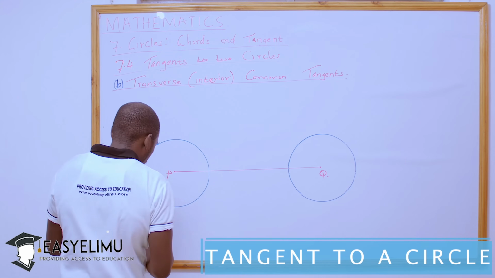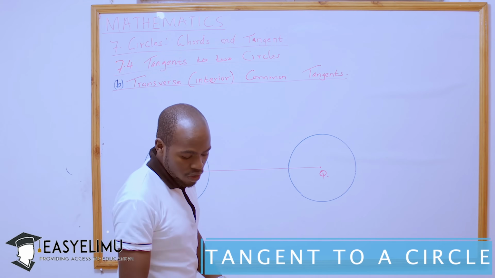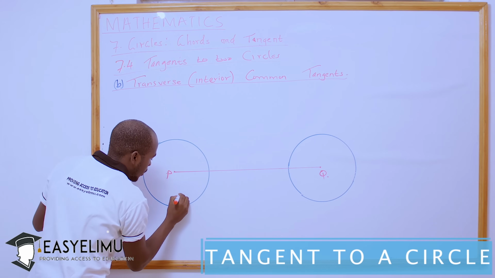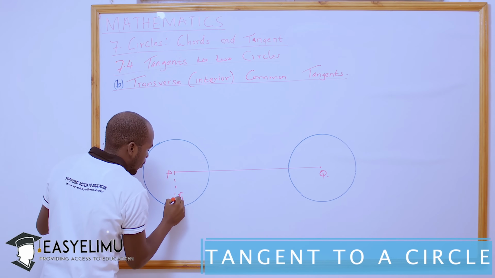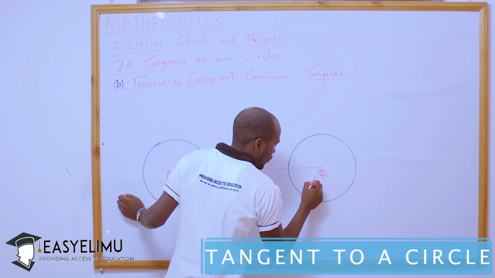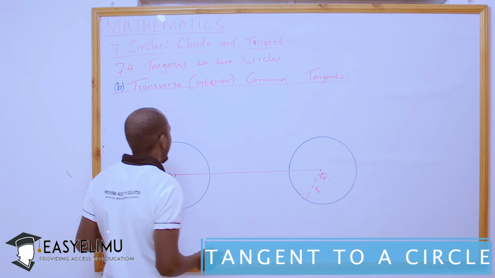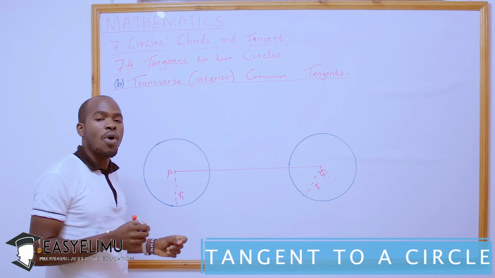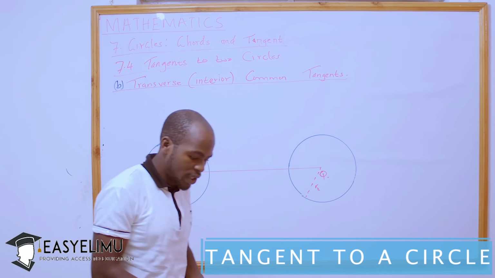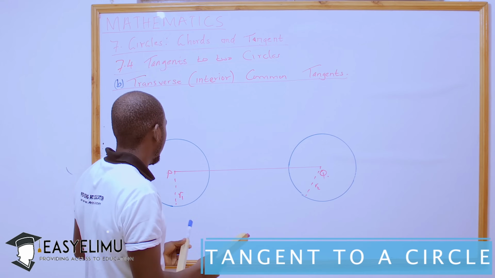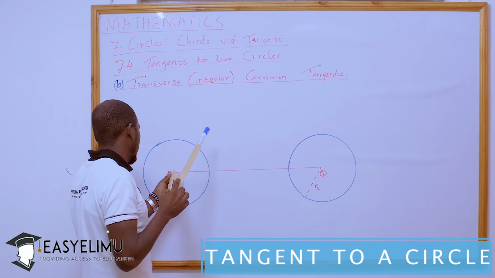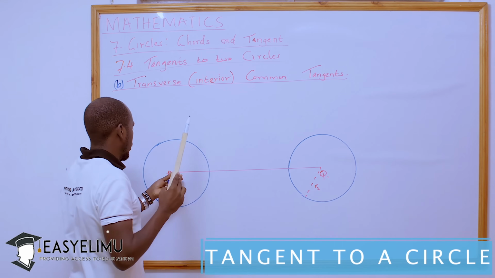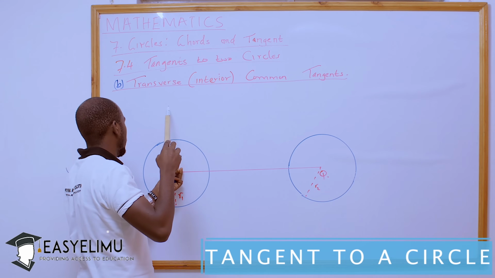After joining P to Q, now if this one here is of radius R1, and the other one is of radius R2, then you need to construct a circle which will be of radius R1 plus R2. So we shall add the two radii. Let's view how much it is. So I will construct a radius which is double.